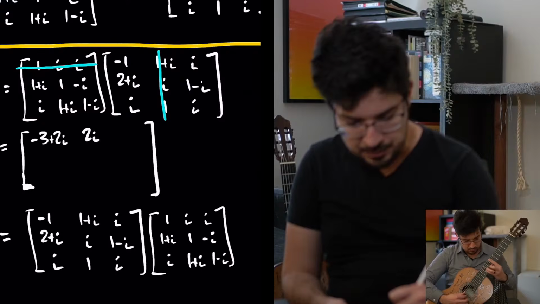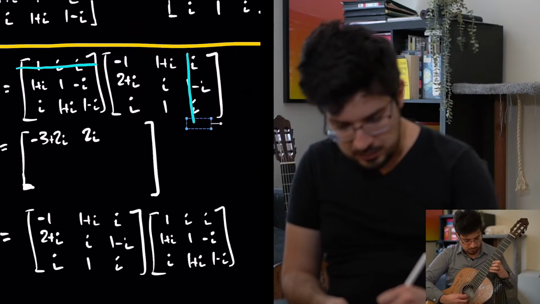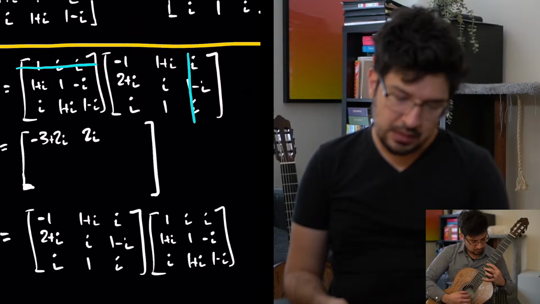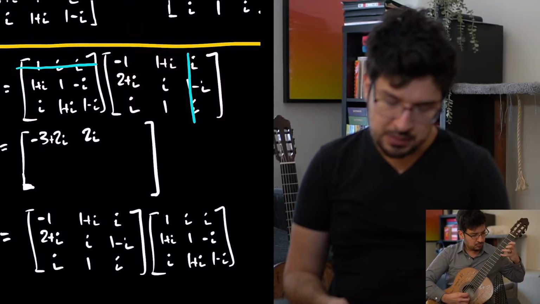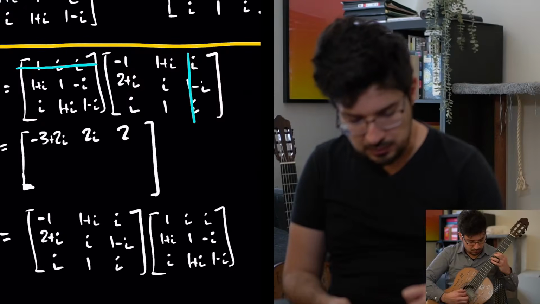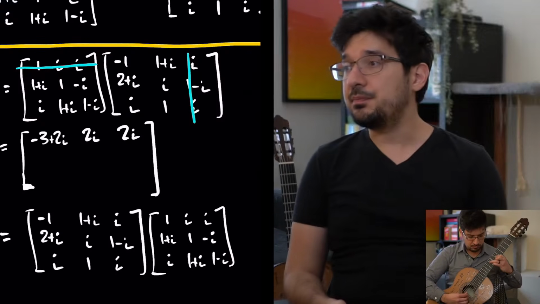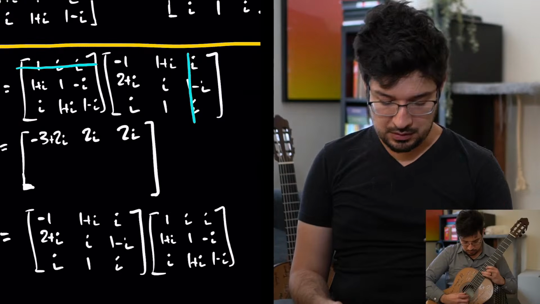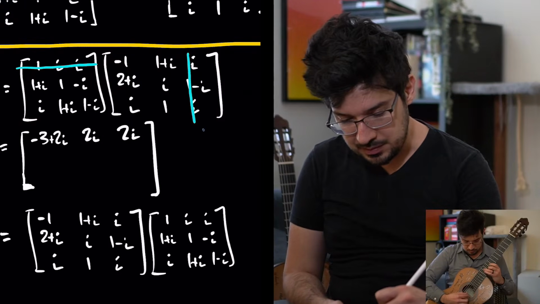And i, 2i plus 1, 2i plus 1 minus 1 is 2i. Cool. Hope y'all are enjoying this matrix practice.